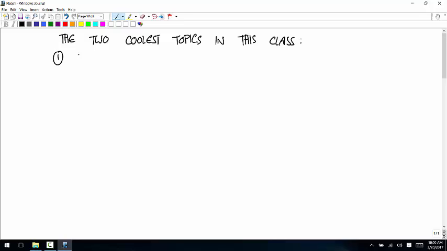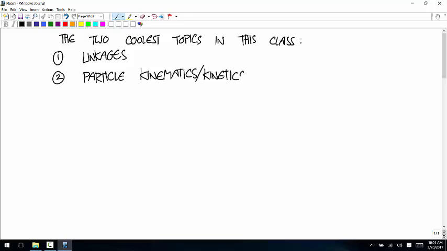Number one is linkages. And number two is particle kinematics and kinetics in a rotating coordinate system.